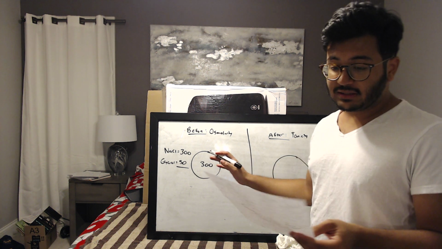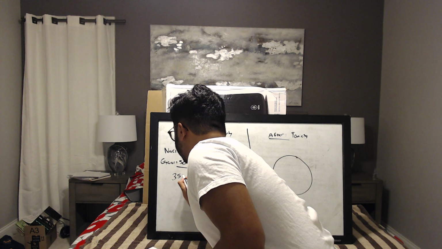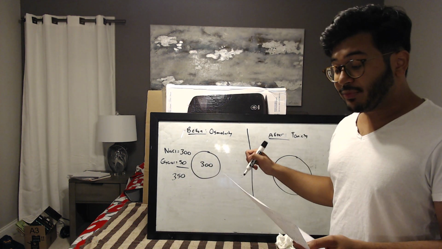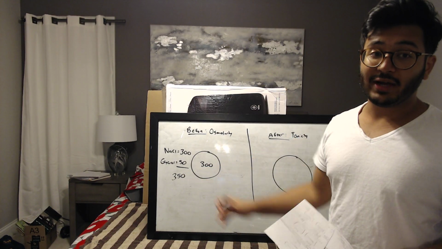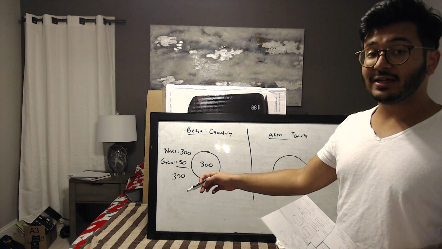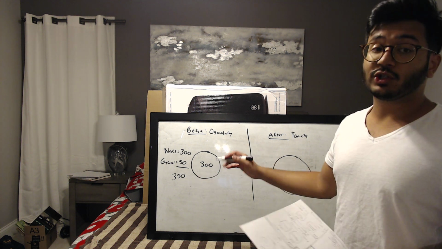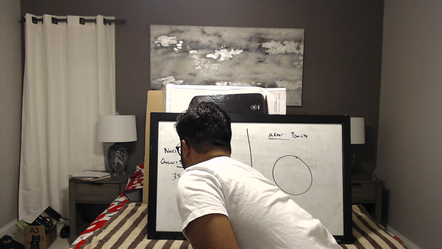So the first thing you see is that it's going to be 350 on the outside while it's 300 on the inside. So that's going to tell you that this solution, right? Because we're talking about the solution in relation to the inside of the cell. The solution is going to be hyper.